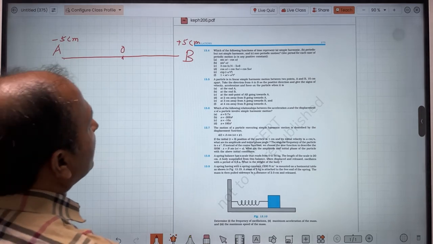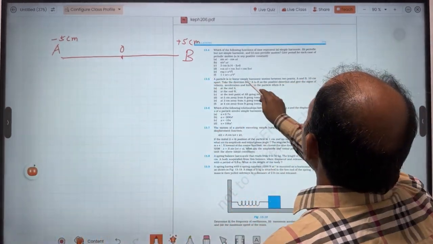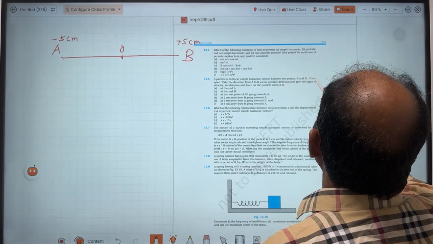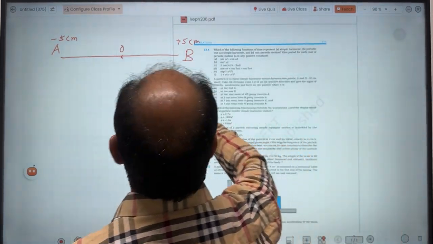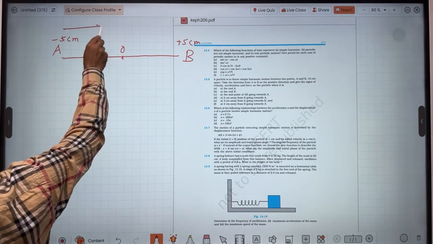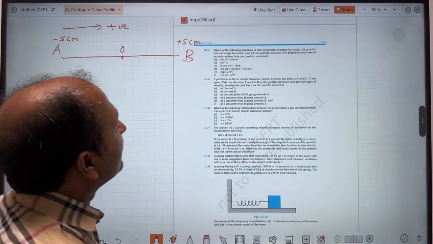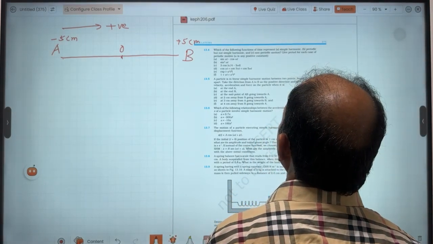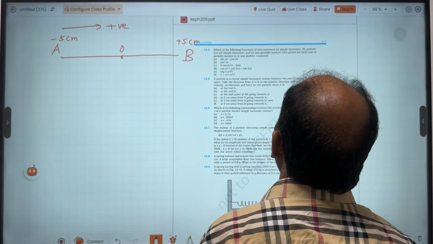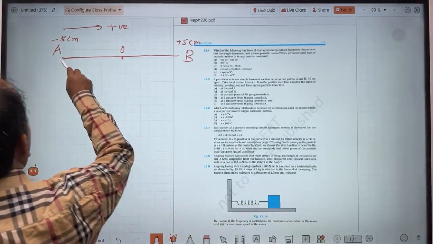Take the direction from A to B as positive. So if you are moving in this direction, it will be positive. Give the signs of velocity, acceleration and force on the particle when it is at the end point.